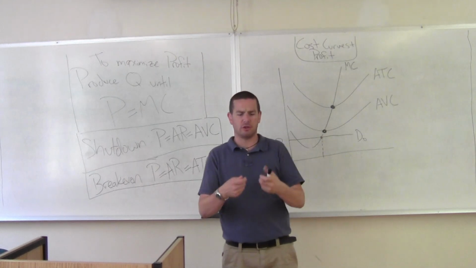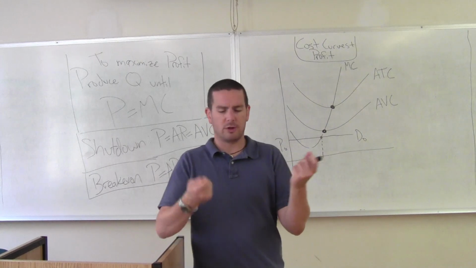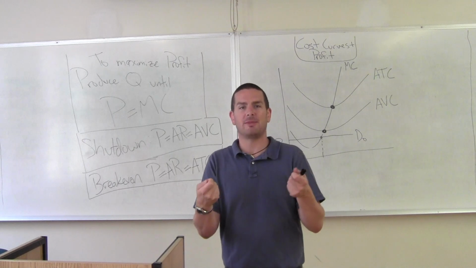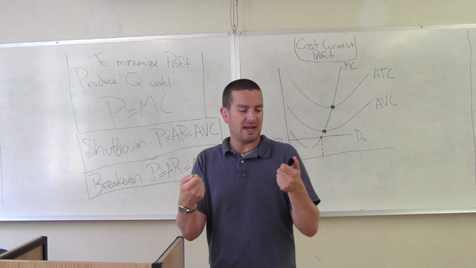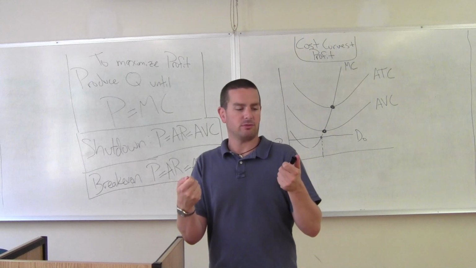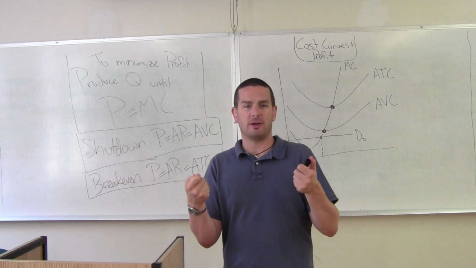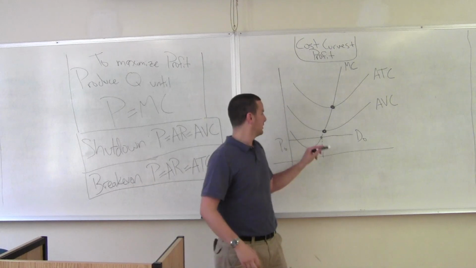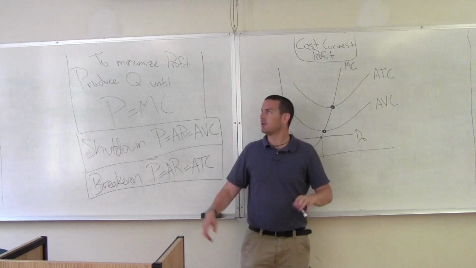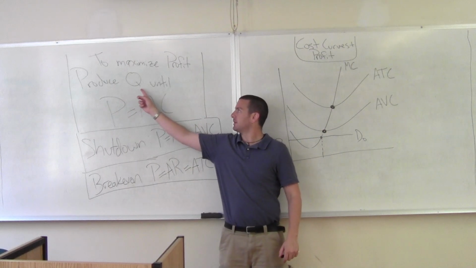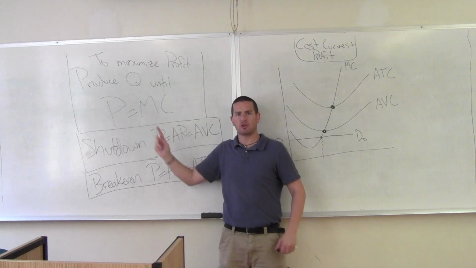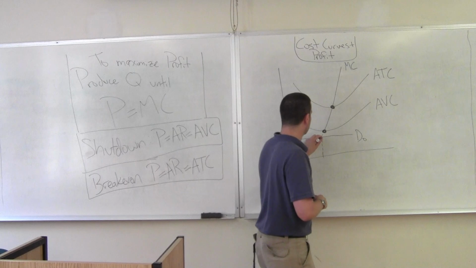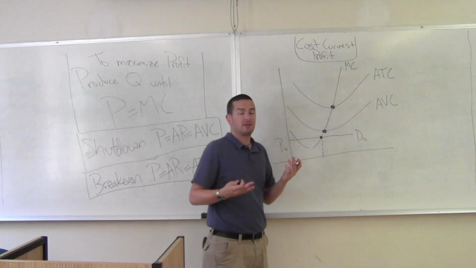You wake up in the morning, you open up the newspaper, and it says, water bottles, 10 cents. You go, that's lower than my average variable costs. So my average revenue is below my average variable costs. I'm below the shutdown point. I'm down here. So even though if I wanted to maximize my profit, I would produce output until price is equal to marginal cost, well, okay, price equals marginal cost right here, but I'm beneath the shutdown point.